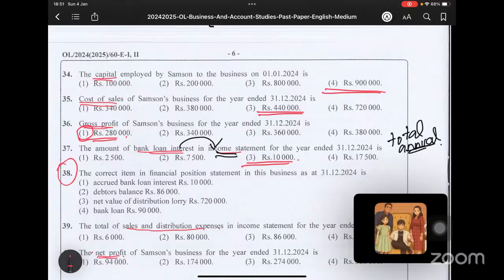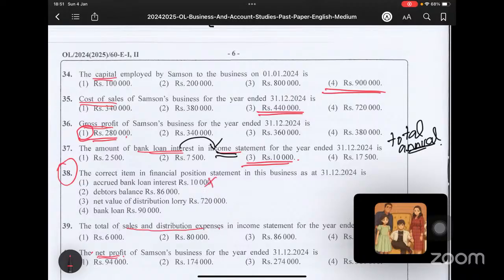We have to also cross-check the answers. Okay, third one. The correct item in the statement of financial position of this business as at 31st December 2024 is: accrued bank loan interest 10,000. So they are asking for the correct item in the statement of financial position. Accrued bank loan interest is 10,000.